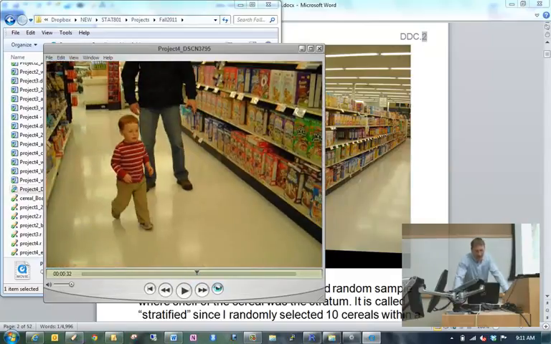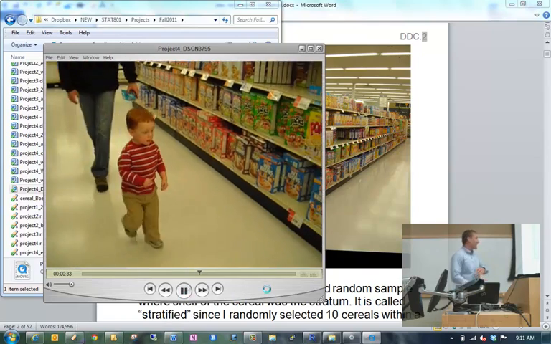This is my oldest son. I thought I'd just turn him loose in the cereal aisle to see what would happen. Is my research hypothesis correct? I don't know. Well, we'll see what happens. I'm not going to give you the sound here, but I think it will be quite obvious what happens.